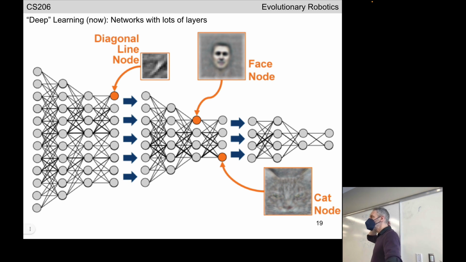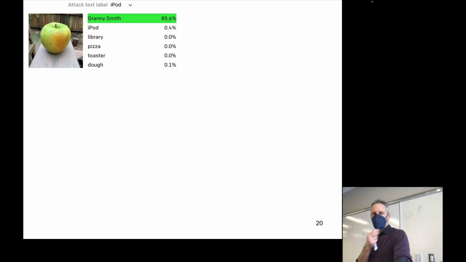Neurons that are further downstream, further towards the brain, when you stimulate them, they're recognizing whole faces, your grandmother, your aunt, higher level features. Yeah? Okay. However, as we all know, it's not perfect.